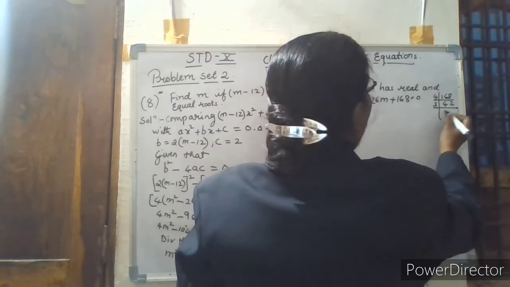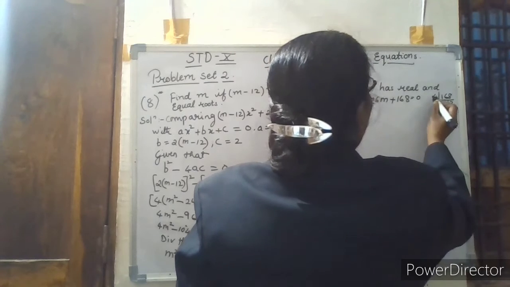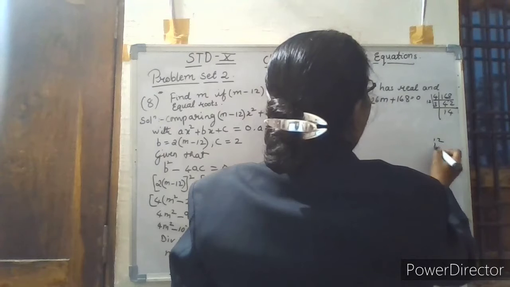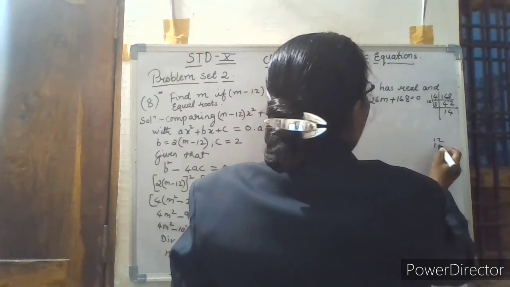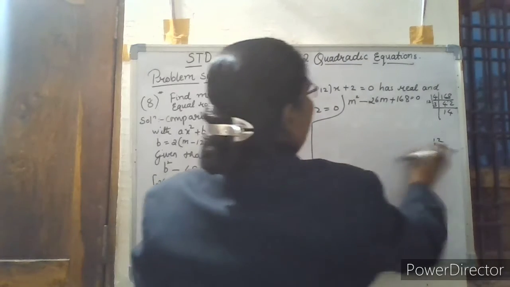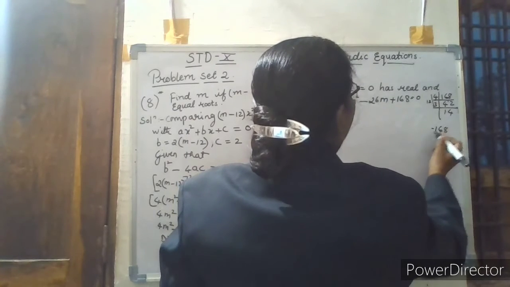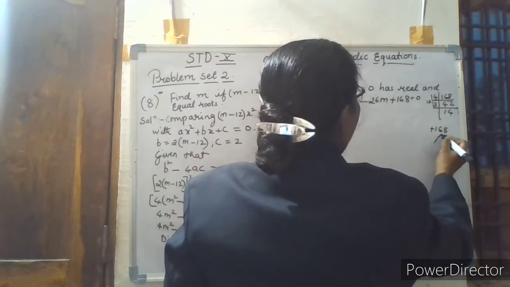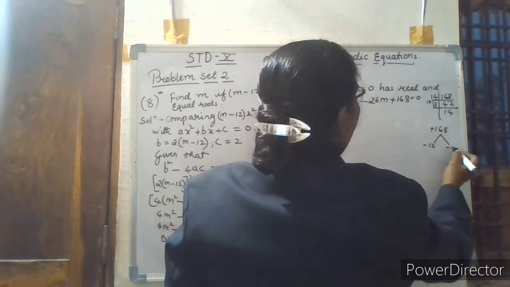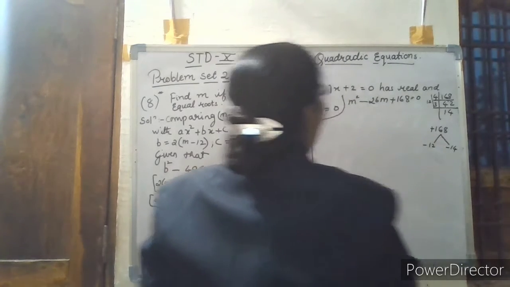Then take 3s, 3 1s are 3, 3 4s are 12. Now, if you multiply this, 12 times 14 is 168, and 12 plus 14 is equal to 26, isn't it? So this plus 168 is factorized as minus 12 and minus 14. Minus into minus is plus, and 12 into 14, you will get this.